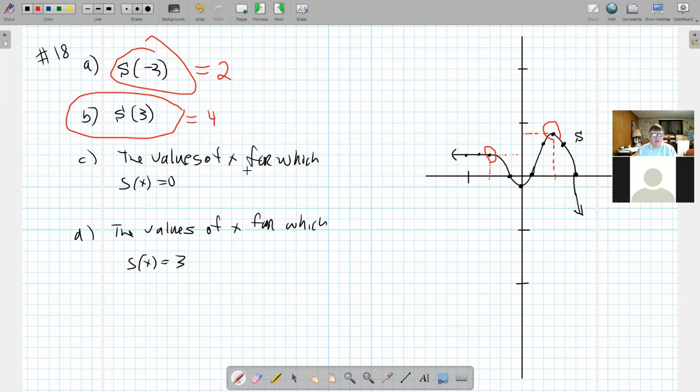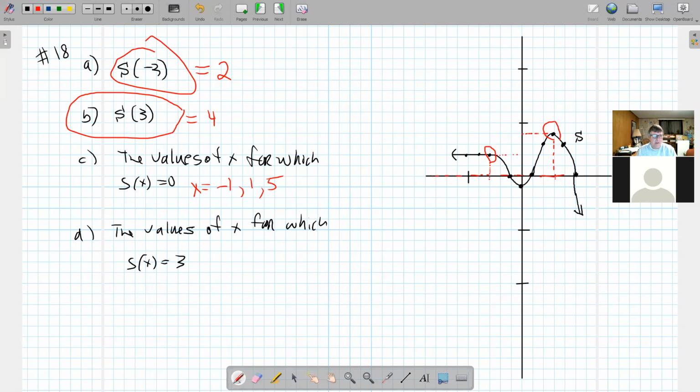Then it says, find the values of x for which s of x is 0, or y equals 0. Where does y equal 0? Well, wouldn't that be right along the x-axis? So y is 0 when x is -1, when x is 1, and when x is 5. Those three x values all have a y value of 0.